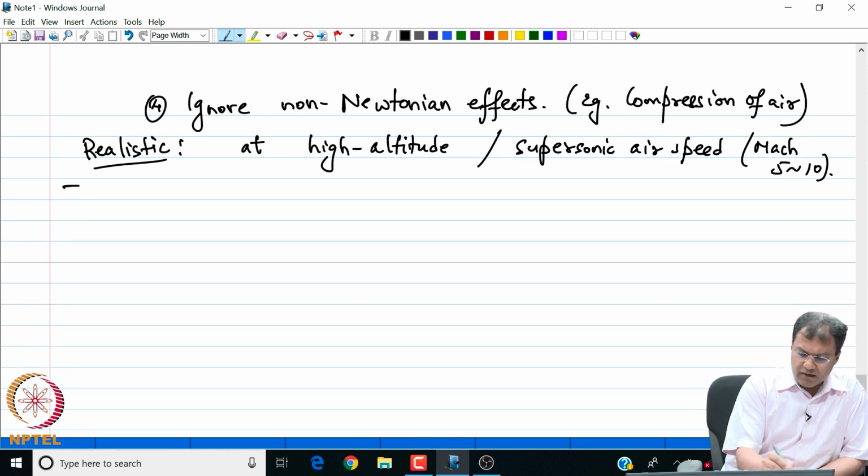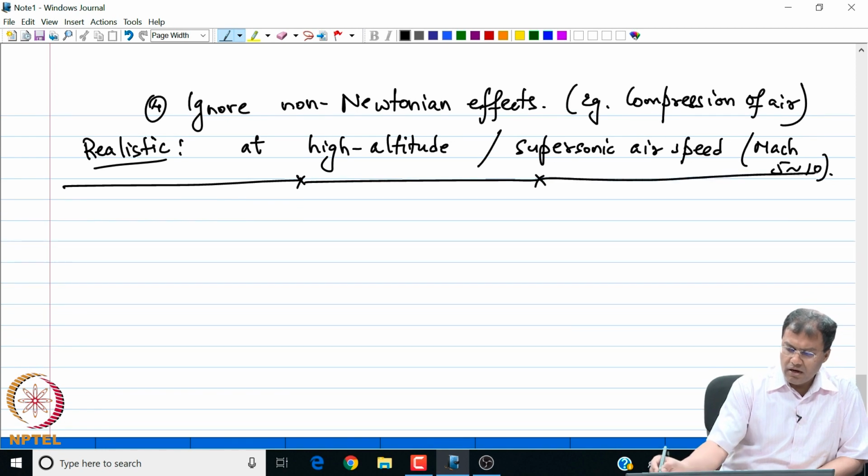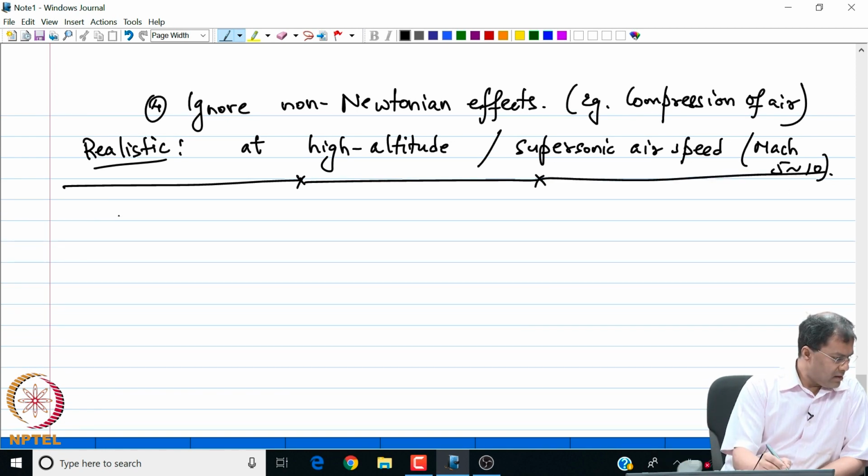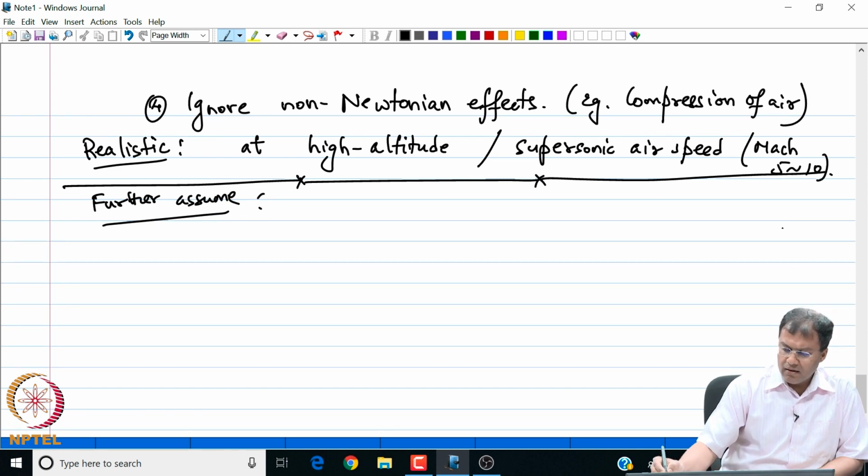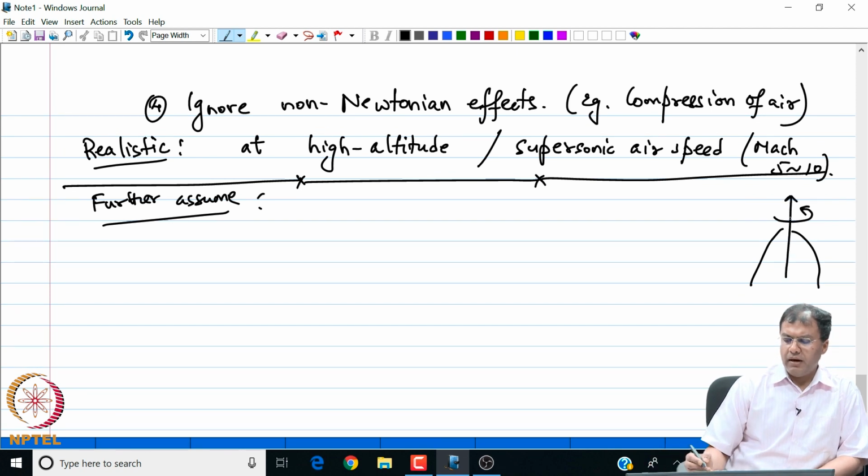Then I have further assumptions in order to set up the problem. Note that when the rocket moves, it also rotates about its vertical axis to provide stability. While it moves up through the air, it rotates, which means that the shape will be symmetric about this length axis.